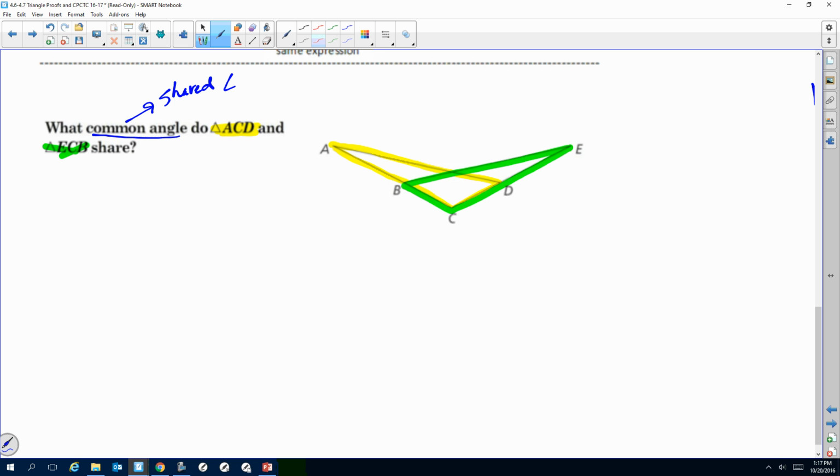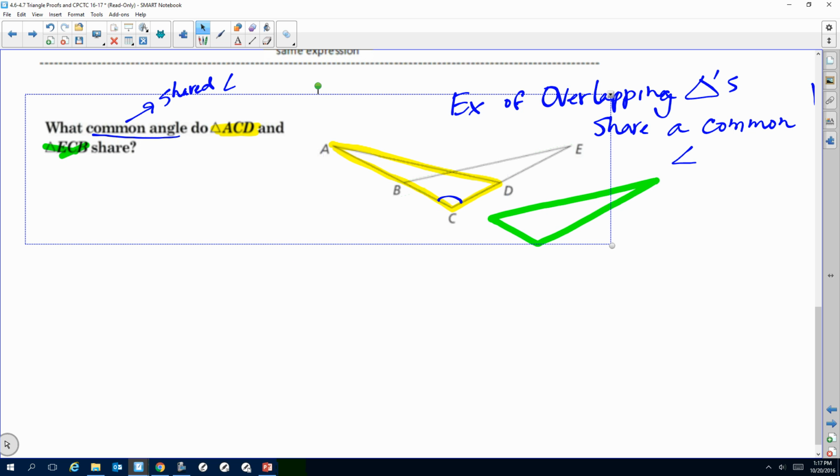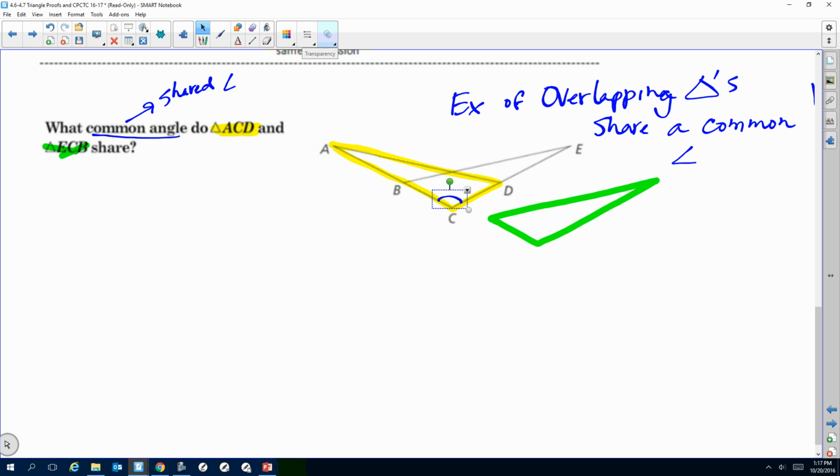Okay, so this is an example of overlapping. Whenever you have overlapping triangles, they share a common angle. Where is that common angle? C. Yes, C is in both of them. So what I want you to be able to see is if I separate these, there we go.